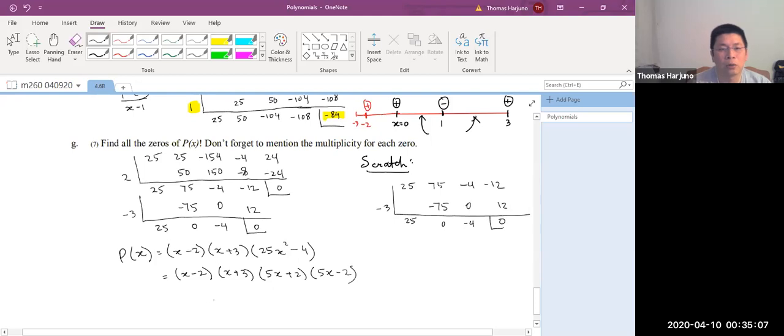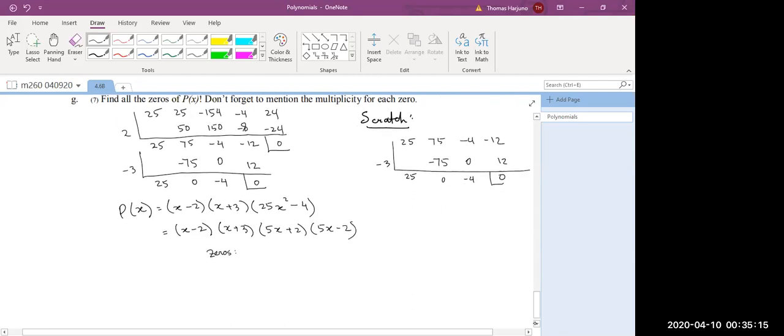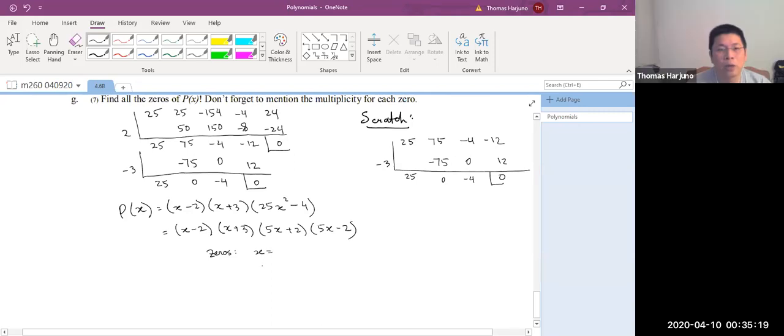So the zeros are x equals 2, x equals -3, x equals -2/5, x equals +2/5, and all of them with multiplicity of 1.